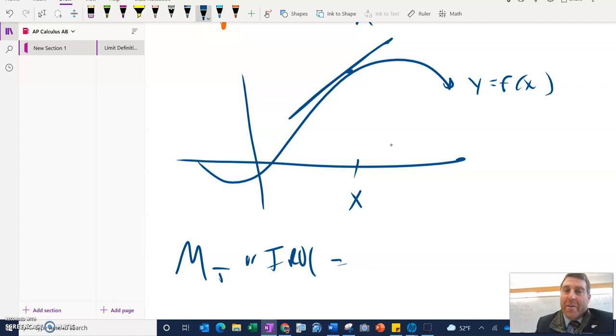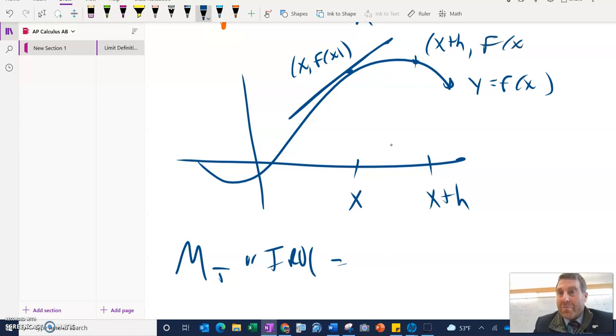And we can say, all right, well, that would be the point of tangency, x, f of x. We're going to pick a point somewhere beyond that, and we call that x value x plus h. All right, so this other point here has x plus h as the x value, and f of x plus h as the y value. And we're going to find the slope between these 2 points. That's the average rate of change, or slope of the secant line.